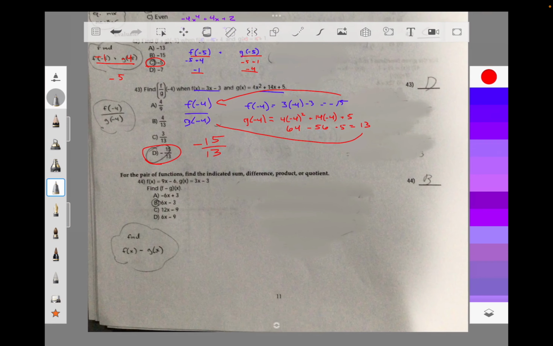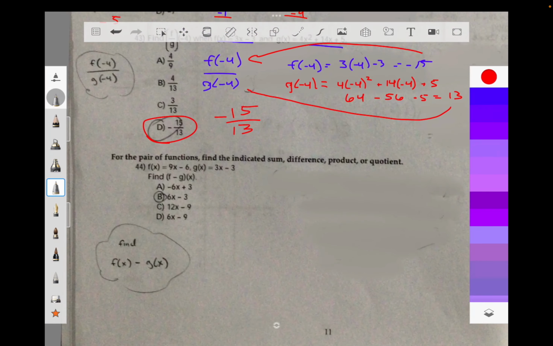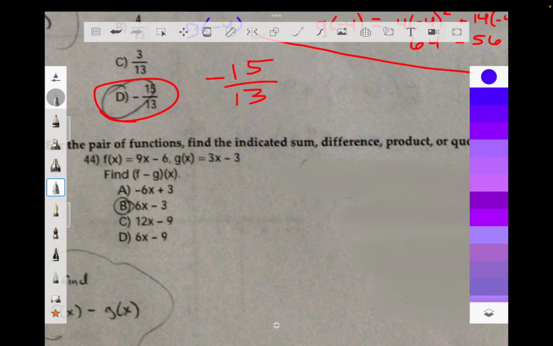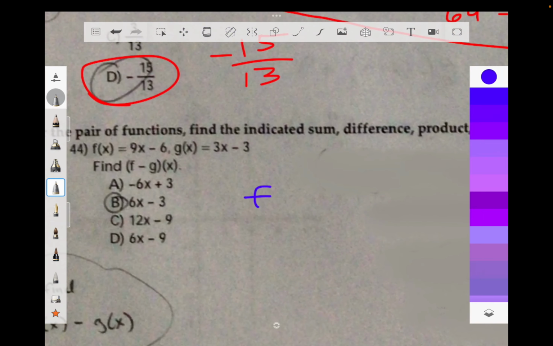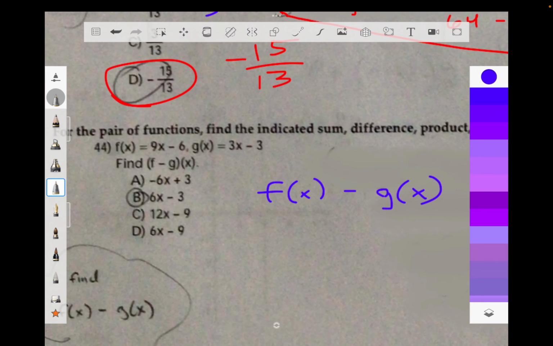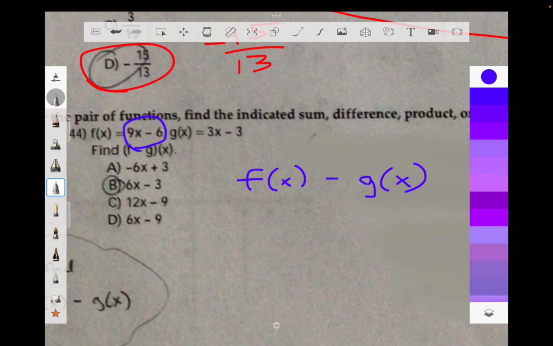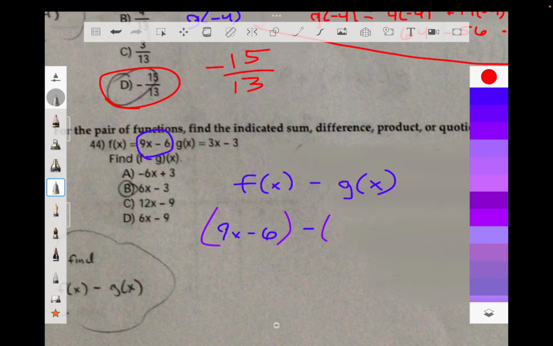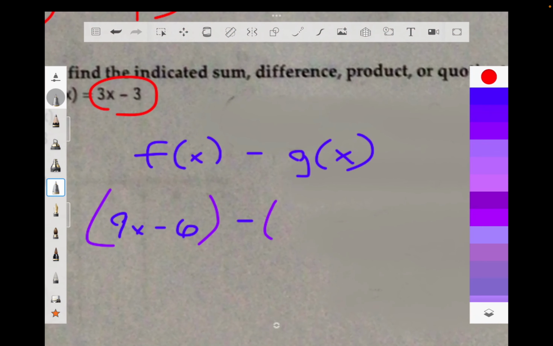Okay, so that's with numbers. Now, what if they don't give us numbers and they just give an x? It's the same principle. This is the same way of saying f of x minus g of x. We know f of x is 9x minus 6, minus g of x, which we know is 3x minus 3, so plug that in.